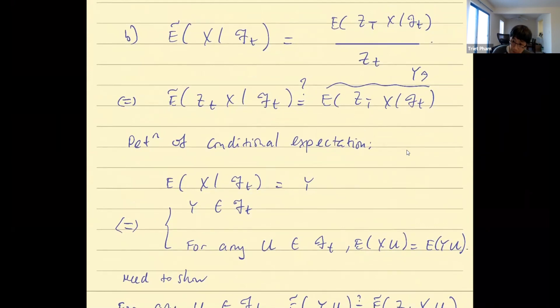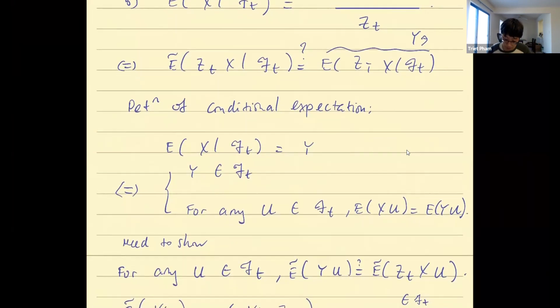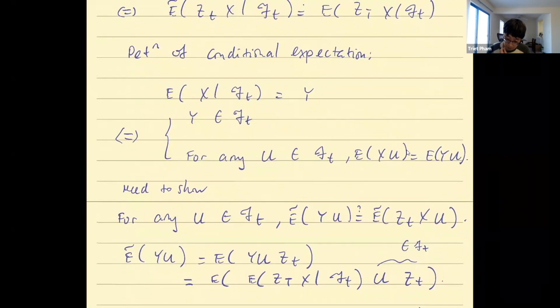Is that okay? Any question on this? So this is a central reason. As far as I can tell, there's no easy way to show this besides using this. I rarely pull out this formula.